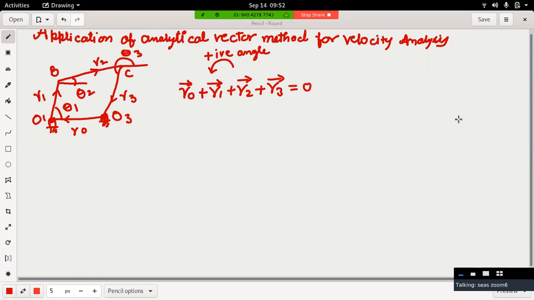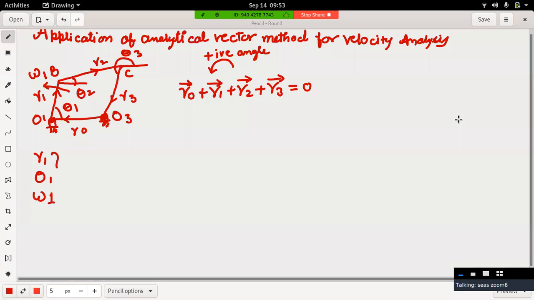Here we should know that because it's a single degree of freedom system, R1 is known, theta 1 is known, and let's say link R1 is rotating with angular speed omega 1.